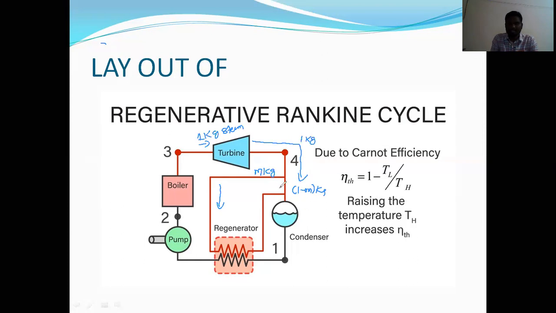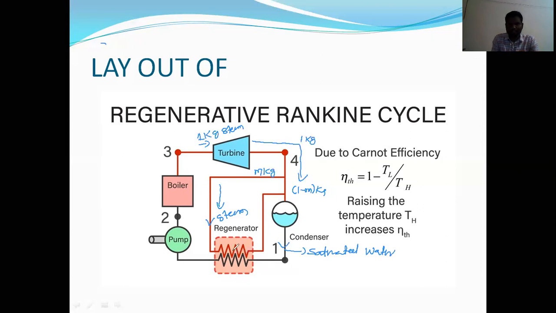Here, when steam is going into the regenerator, we have one more line. This black color line indicates saturated water which is coming through the condenser, and this red color line is the partially expanded steam.